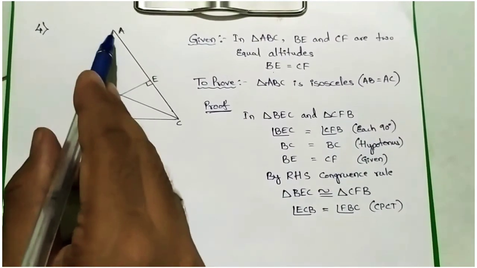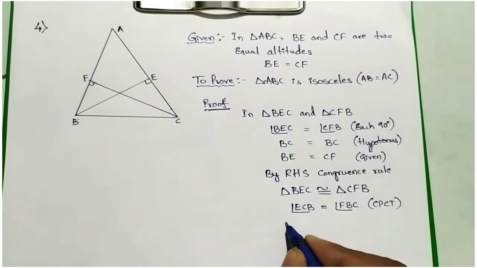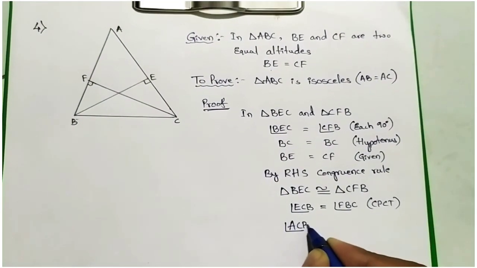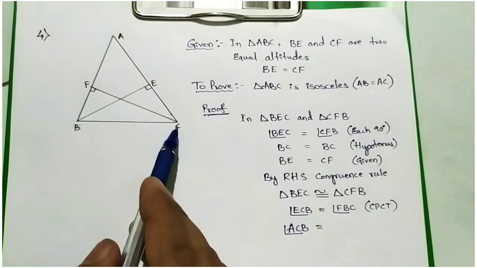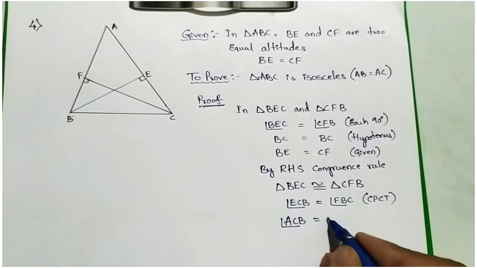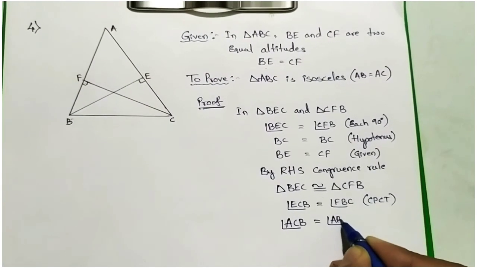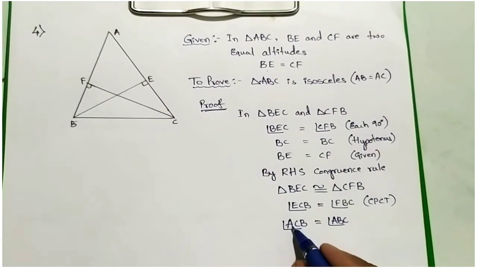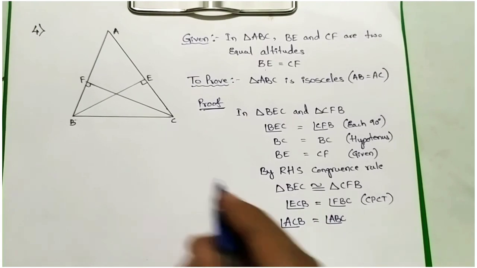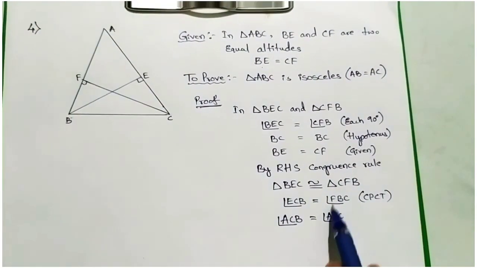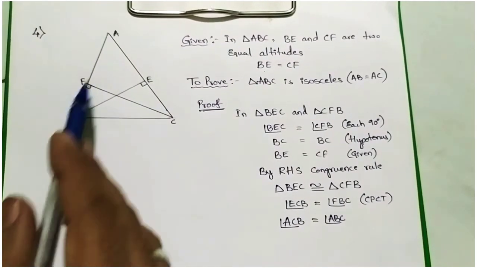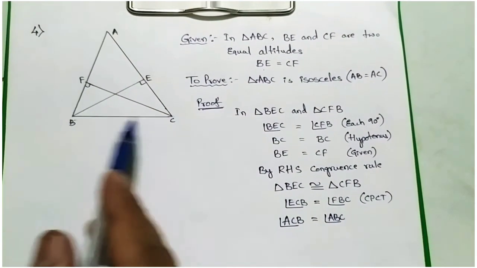ECB is nothing but our ACB, and FBC is nothing but our ABC. Why did I take it in place of EA? Both are on the same line, that's why I am taking ACB. And F and A both are on the same line, that's why I am taking ABC.